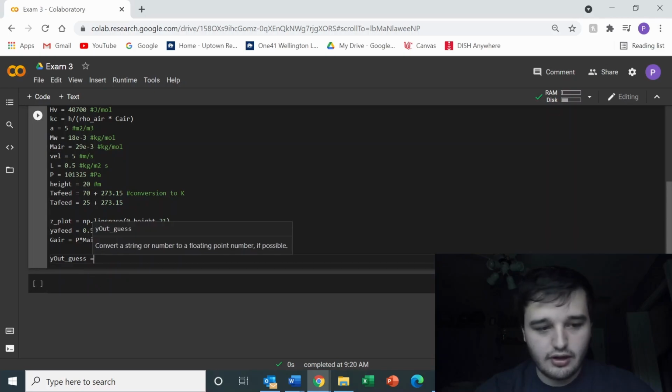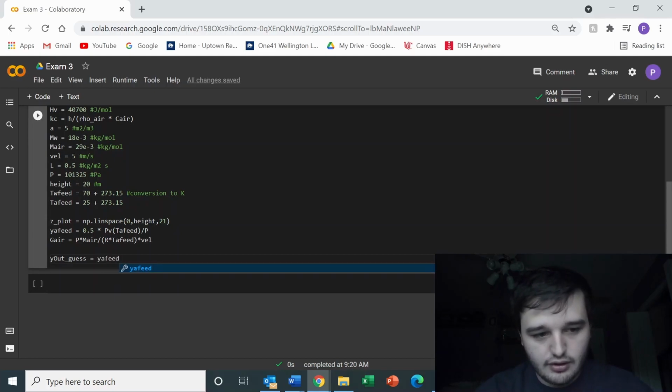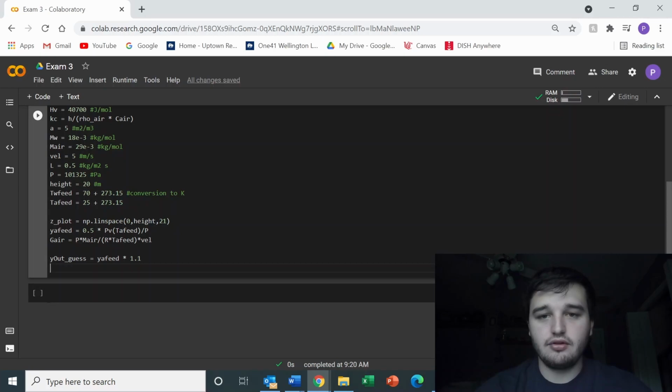We'll take the mole fraction of water in the air coming into the feed as our baseline and multiply it by something like 1.1 to give us a guess that's not too far away from what it initially was coming in.